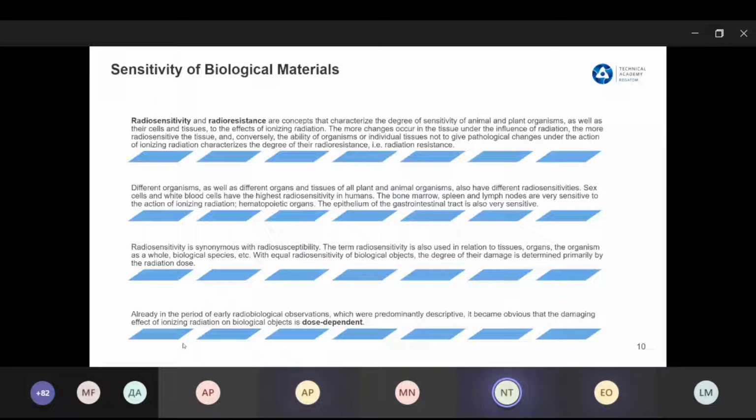The ratio of radiation doses that cause the same effect in biological objects in the presence and in the absence of a radiomodifier is used as the main indicator of the radiomodifying effectiveness of a substance. This indicator is called the dose change factor.